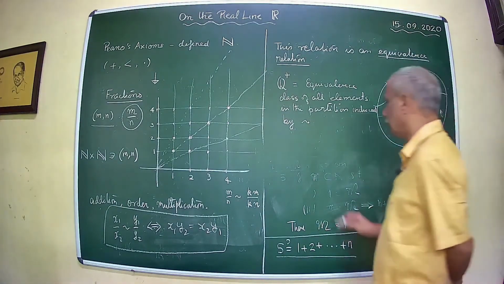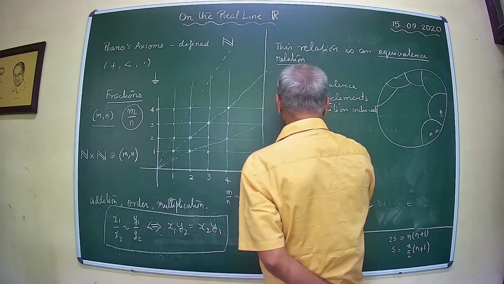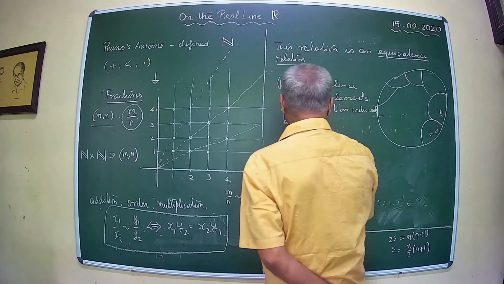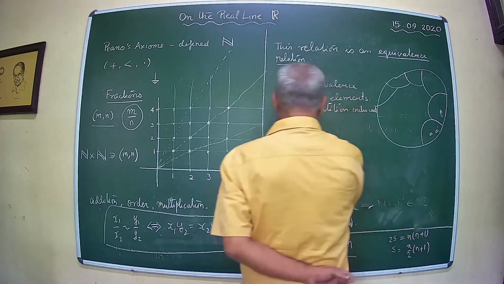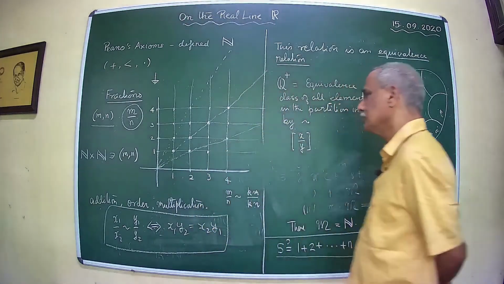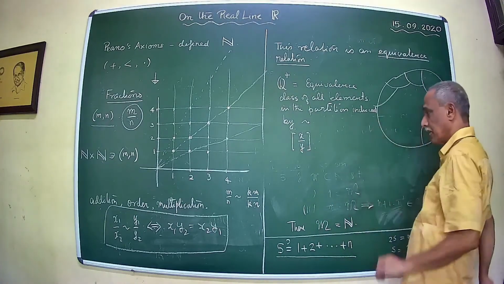Then what we did was, this was the notation that we used, we took one fraction, say p x by y, and put a bracket here, which means the entire class of elements.